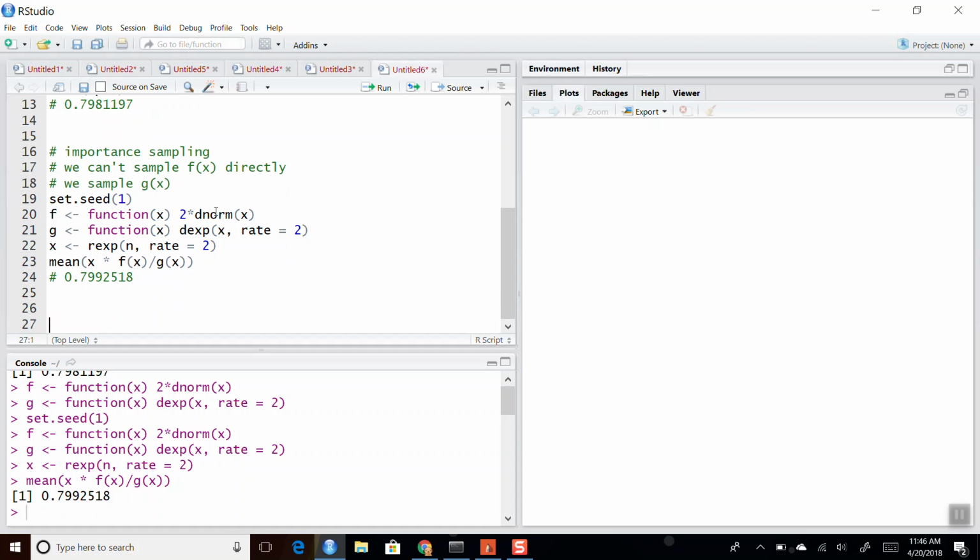Here we're using things where the PDFs exist nicely in the built-in dnorm and dexp functions. But we could have some kind of crazy distribution, whatever else it might be. You can have some crazy function that you're trying to estimate, and again, you can use importance sampling to approximate this a little bit better.